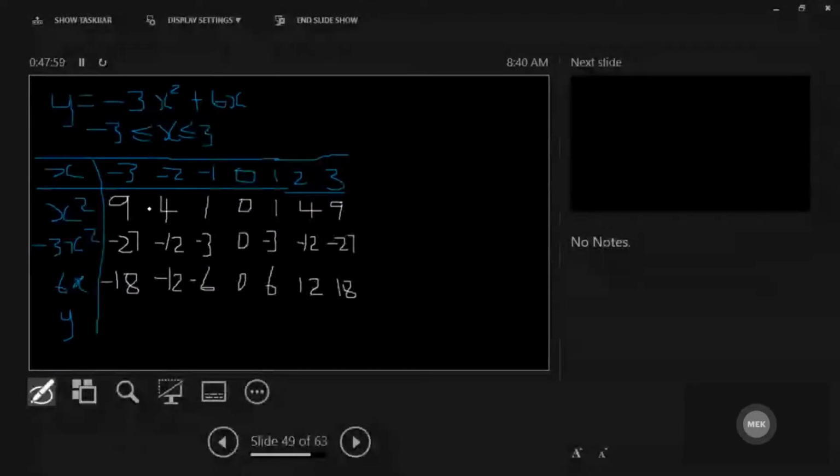So we're going to come down the column now. But how do we decide where we're going to start? We start at the row that the equation started at, negative 3x squared. So this is where we start. Right? So this row starts here. So negative 27 minus 18, that's negative 45.